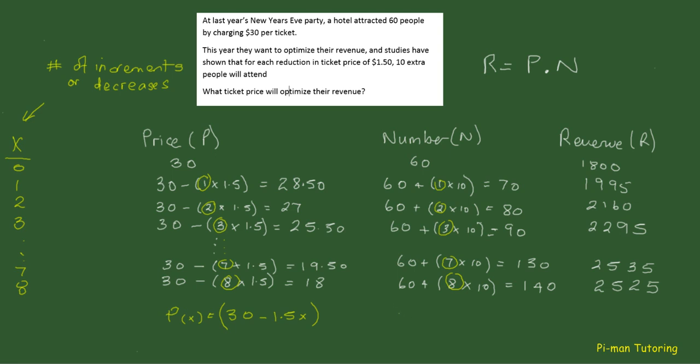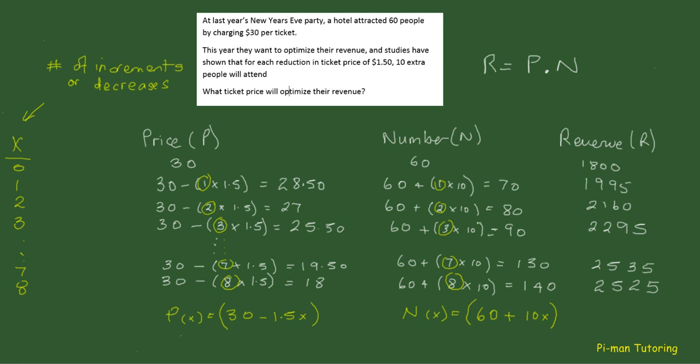Similarly, we can get a general expression for the number of people attending as a function of x. And we would say that that is equal to the original 60, and this time it's plus 10x. Every time x increases by 1, the number of people attending increases by 10.